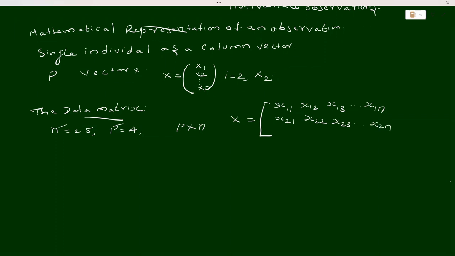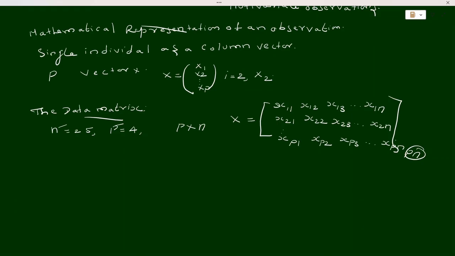Similarly, if it is P variables, then Xp1, Xp2, Xp3, etc., Xpn. So the order will be P cross n.